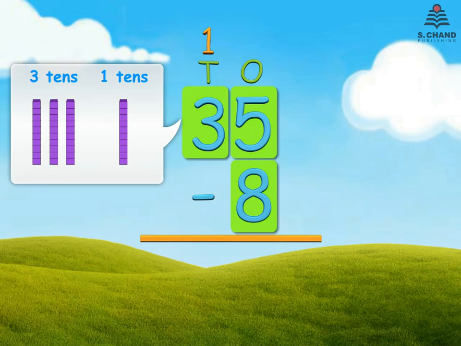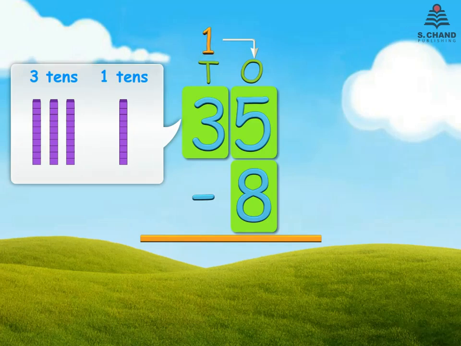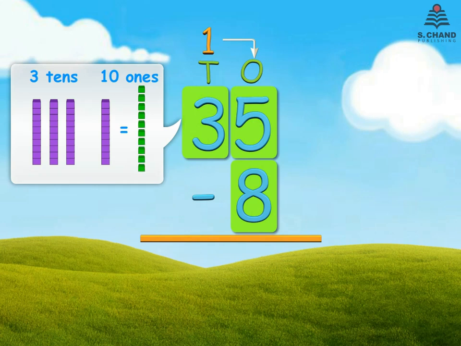We will move 1 from the tens column to the ones column. But remember, 1 in the tens column stands for 1 ten. 1 ten equals 10 ones. So, when it is moved from the tens column to the ones, it must be regrouped into 10 ones. 1 from the tens column becomes 10 in the ones column.